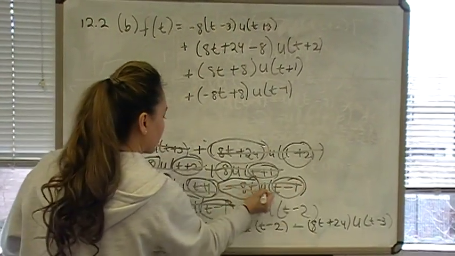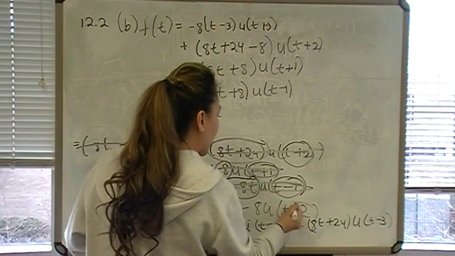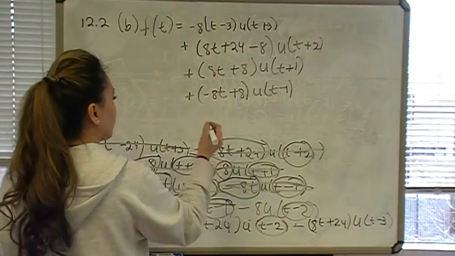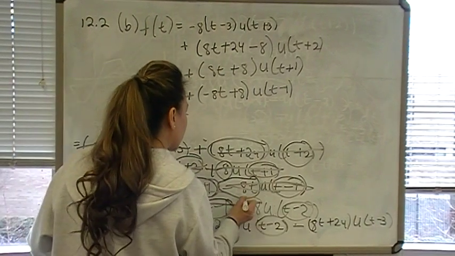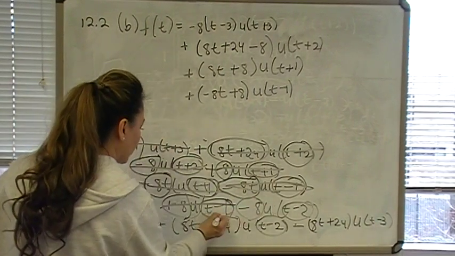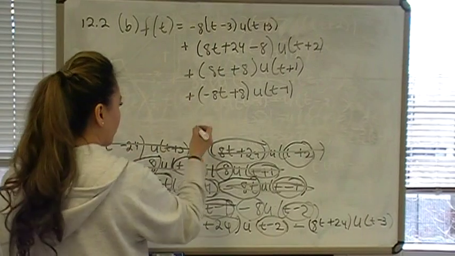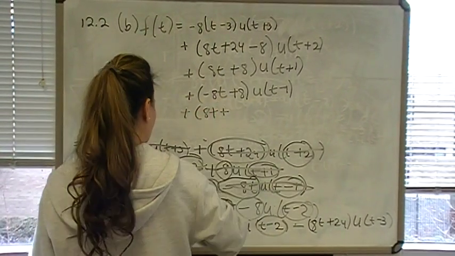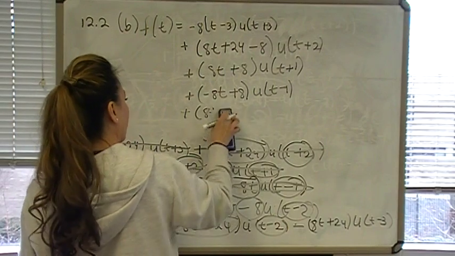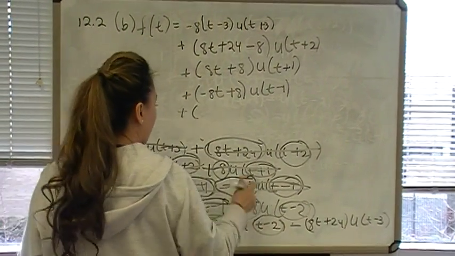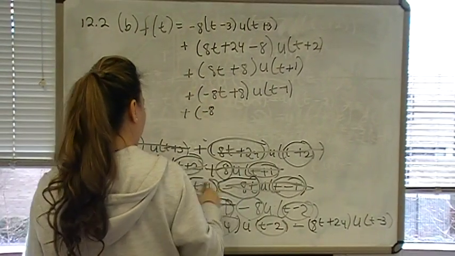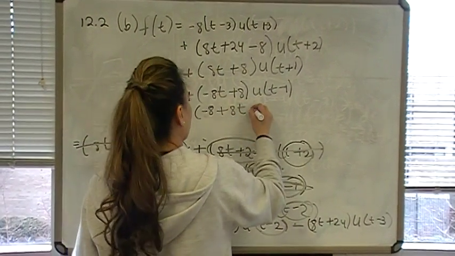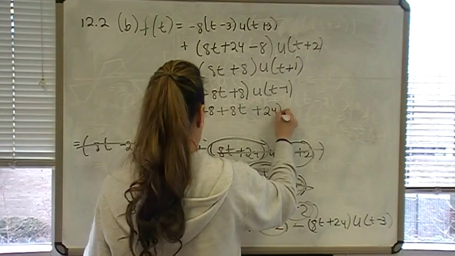That's times u of t minus 1. Done and done. Next we have t minus 2 and a t minus 2 right here, just like I expected. So the coefficient there is minus 8 and 8t plus 24. Sorry, I'll go in order. Minus 8 plus 8t plus 24.